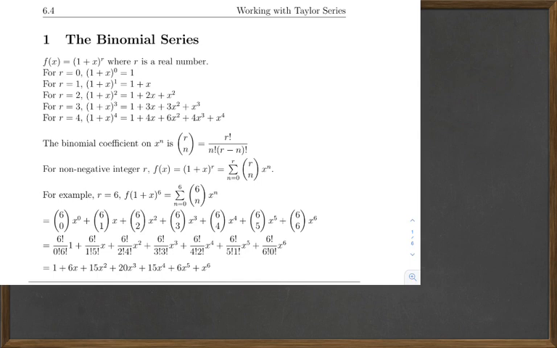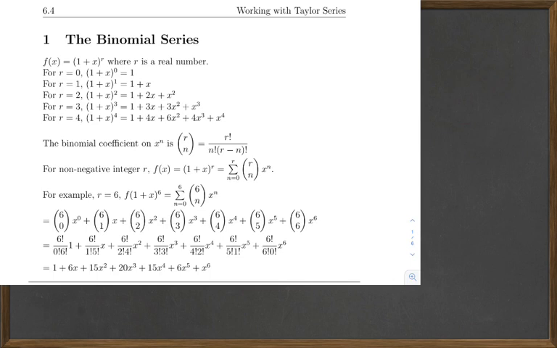The binomial coefficient on x to the n is r choose n, or r factorial divided by n factorial times (r minus n) factorial. You probably would have seen the binomial theorem in pre-calculus a little bit, and maybe in Cal 1 as well.